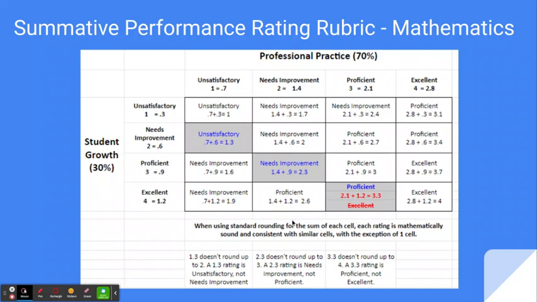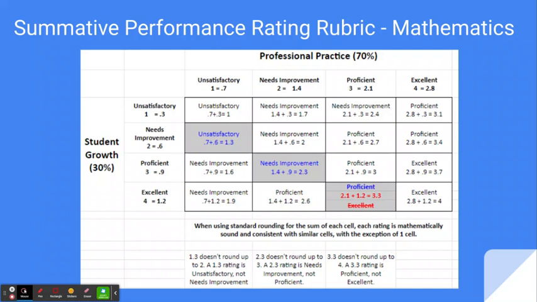And if you'll just take a look at this statement here, when using standard rounding for the sum of each cell, each rating is mathematically sound and consistent with similar cells, with the exception of one cell, and that's the cell that has been changed from excellent to proficient.